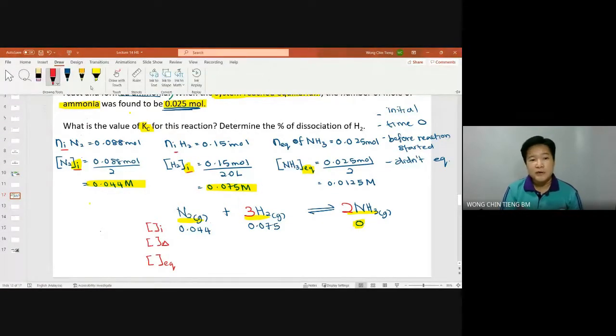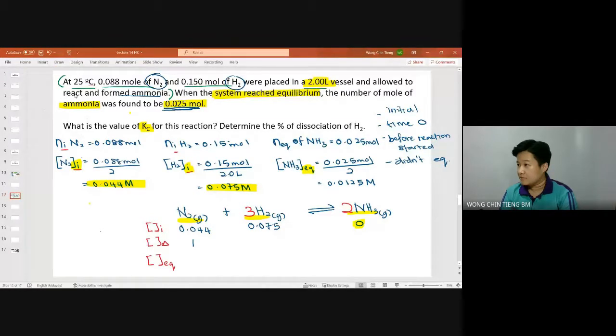The changes over here akan bergantung pada coefficient kat depan tu. Agree? Okay? Patricia, can I have the changes for N2? What would you write? 1. Naili, for H2?